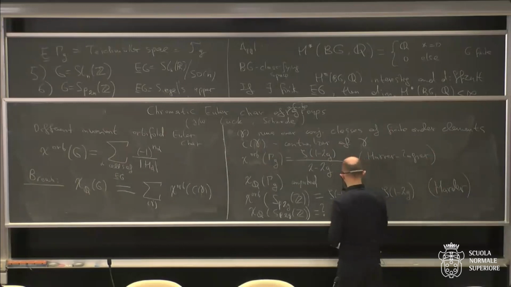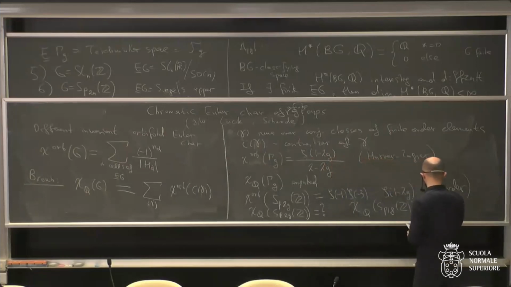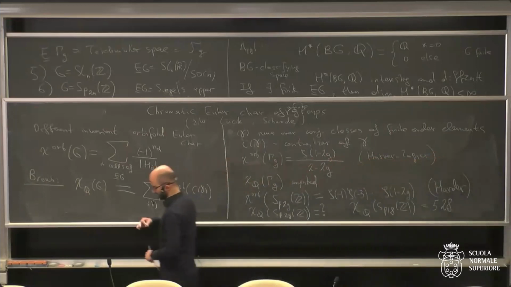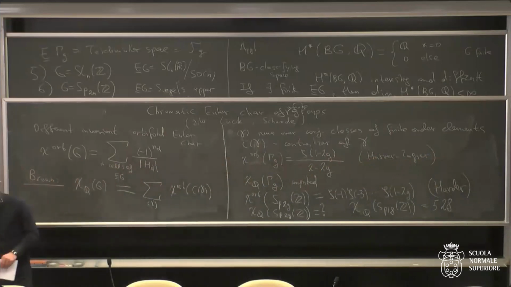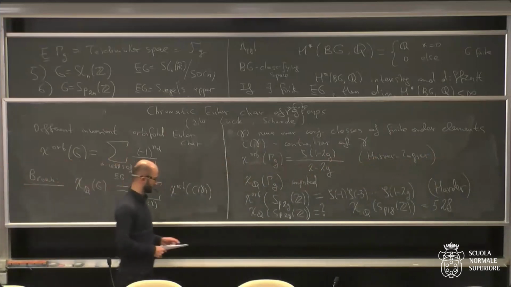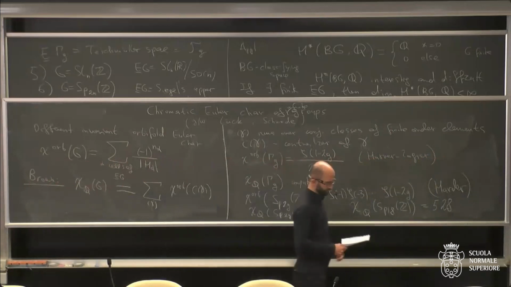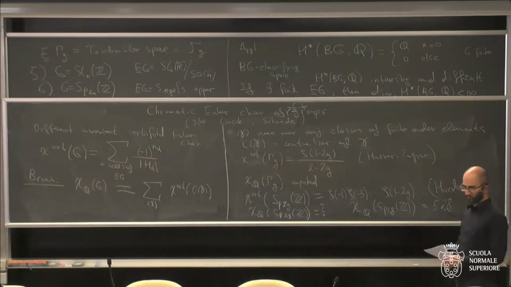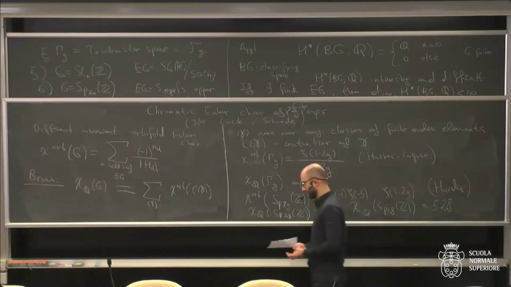The highest one I found after consulting with some experts was that Sp18, for example, is computed, and that is 528. That's how far I know. It is the biggest advance in this direction, computing the Euler characteristic of the symplectic groups, which is crucial for understanding moduli of abelian varieties, one of the most important things people study in arithmetic geometry.